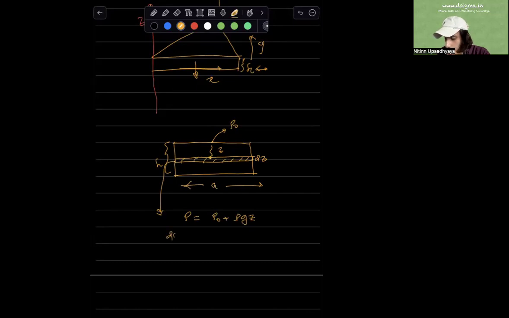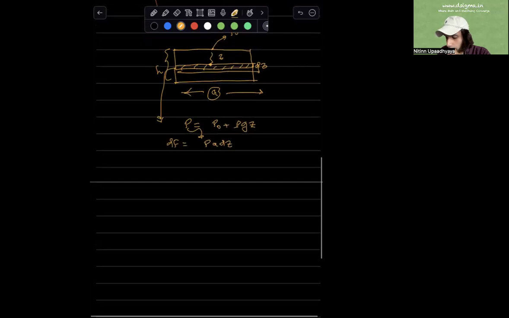The net force is the pressure times the infinitesimal area of this rectangular element, which is a, that's the length, times dz, a dz. So when I plug this pressure into this expression, the infinitesimal force on the segment is (P naught plus rho g z) times a dz.